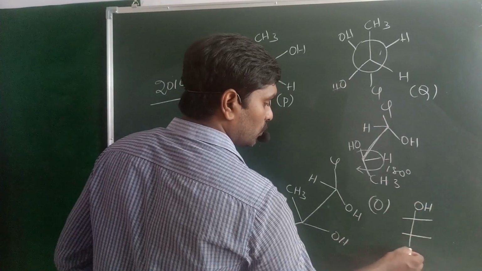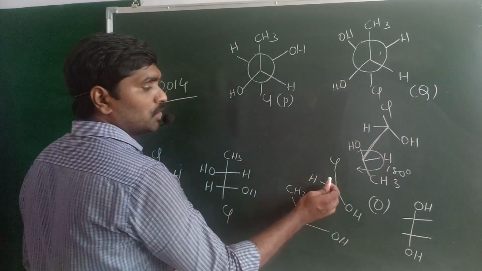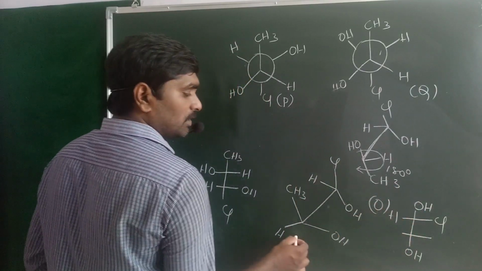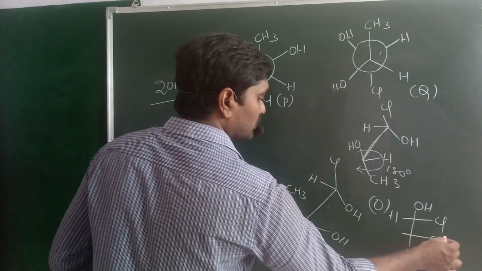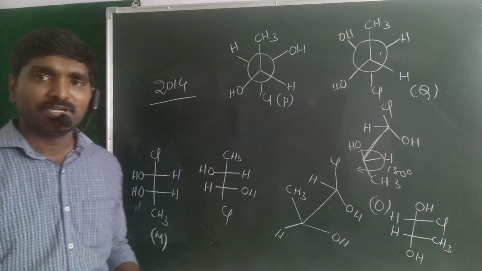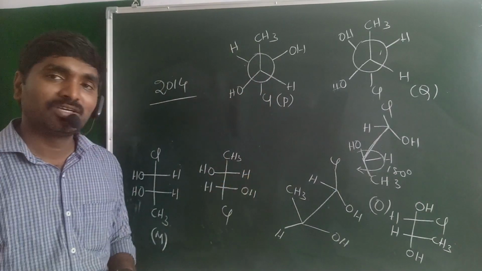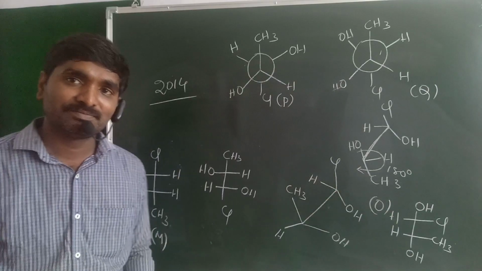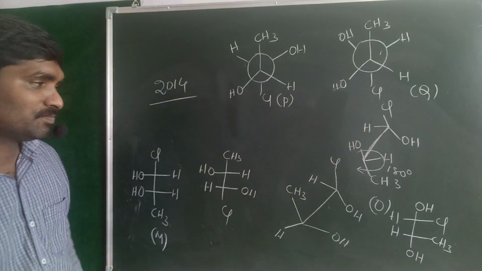On the right side you have the Cl, left side hydrogen. Here the right side is CH3, left side is H. It simply converts from Sawhorse into Fischer.